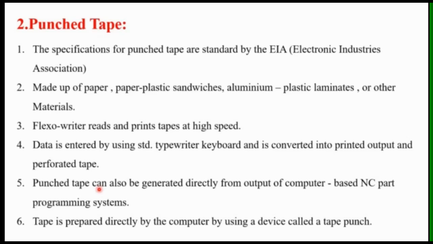The Flexowriter reads and prints tapes at high speeds as well. Data is entered by using a standard typewriter keyboard, and it is converted into printed output and punched tape. Punched tape can also be generated directly from the output of the computer, based on the NC programming system.